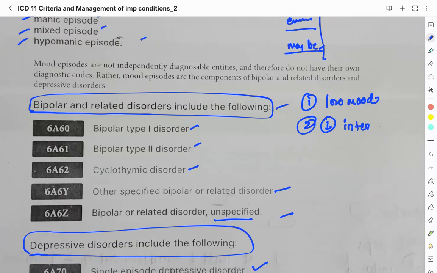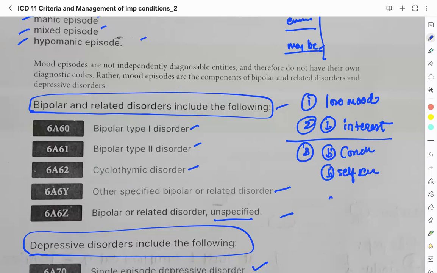And in addition, several other symptoms can be present. So they can be poor concentration, poor self-esteem, excessive guilt, sleep disturbances, appetite changes, suicidal thoughts. They can be psychomotor agitation and or retardation.